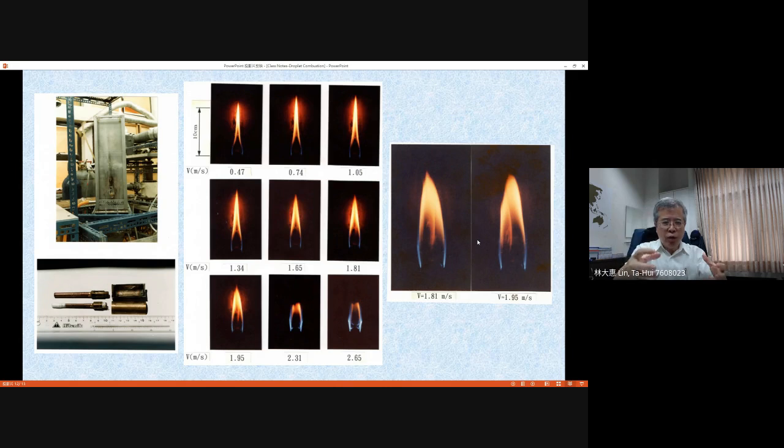There is some reaction, some no reaction, but the temperature is still high, and the temperature difference does not change too much. In these regions, the droplet experiences the same thing.